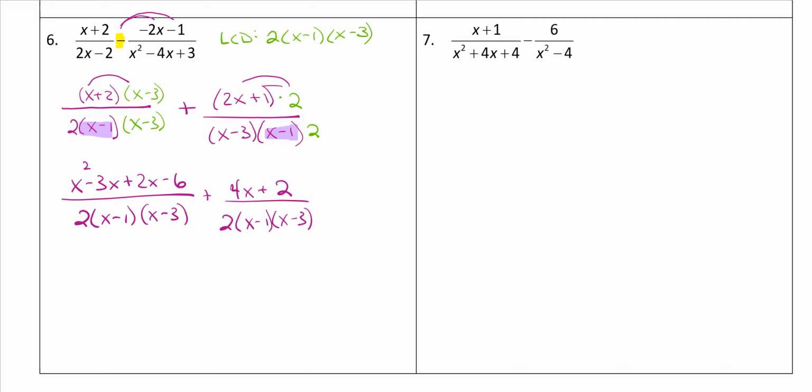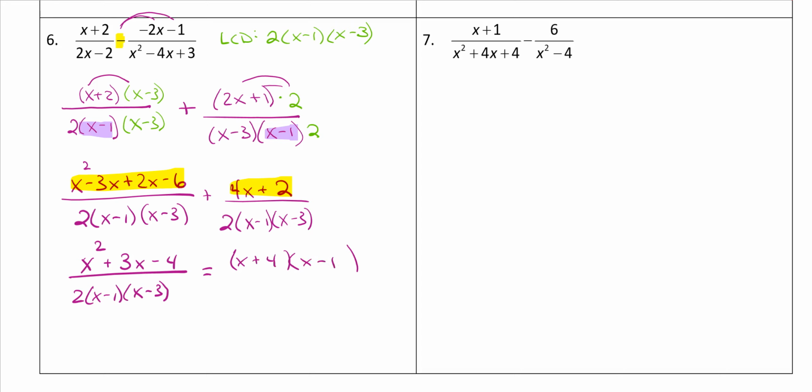So now we're going to add these numerators. So we have an x squared. Let's see, we have negative 1 plus 4, so that's plus 3x. Negative 6 plus 2 is negative 4. Now, we're going to check to see if our numerator factors, and in this case it does, because I'd have x plus 4 and x minus 1.